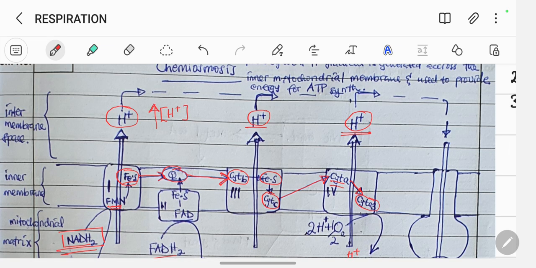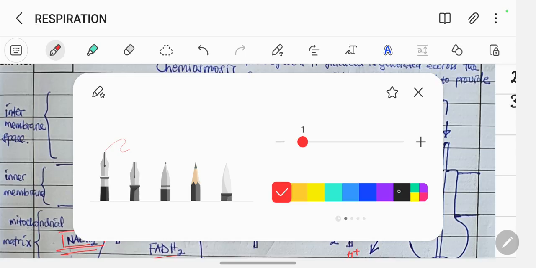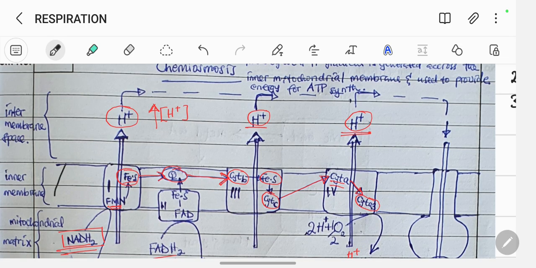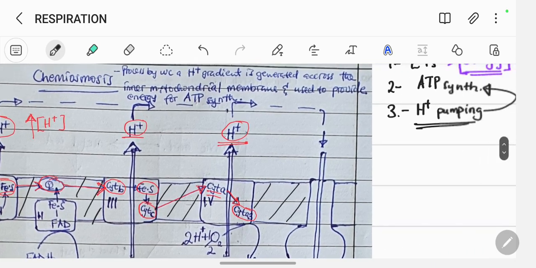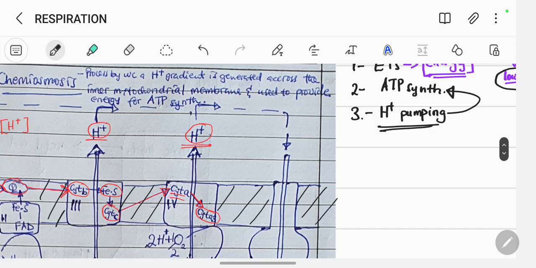Now as our concentration increases, there is a gradient that is going to build up. Remember, take note that this membrane that you're talking about is impermeable to hydrogen ions. So this membrane is very impermeable to hydrogen ions.